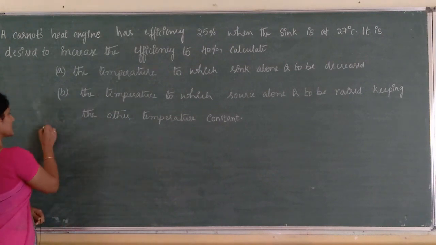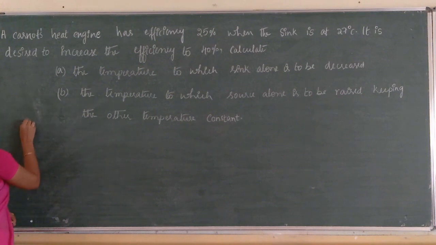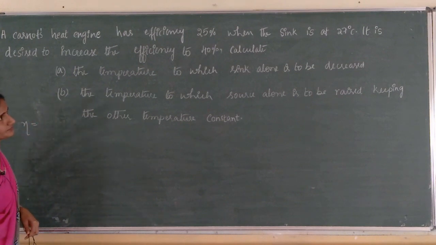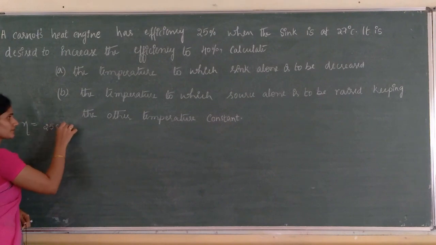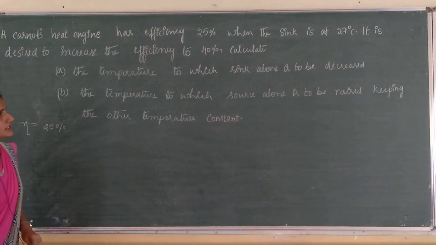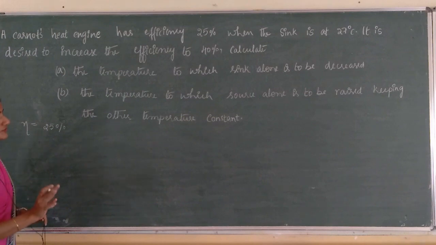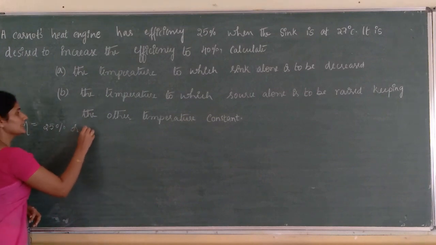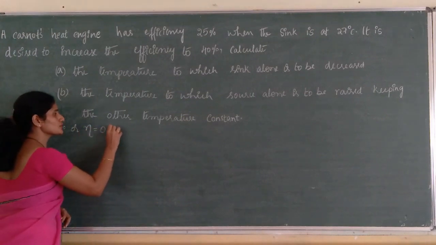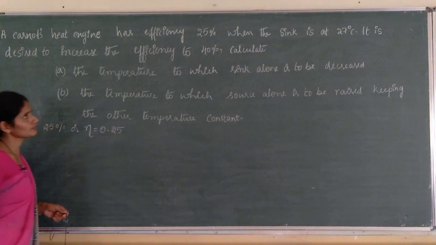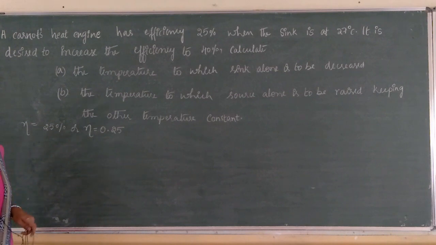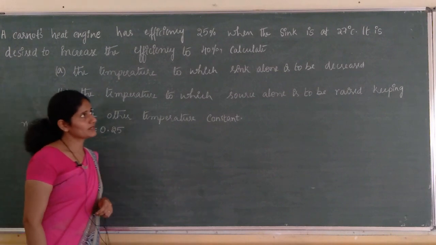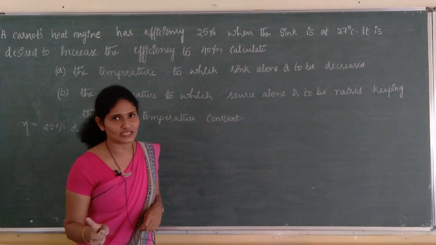Efficiency of the engine is given, that is eta is equal to 25%. In terms of percentage, efficiency of the engine is 25% or eta is equal to 0.25. Both are same. When the sink is at 27 degrees Celsius, that means T2 value is given.